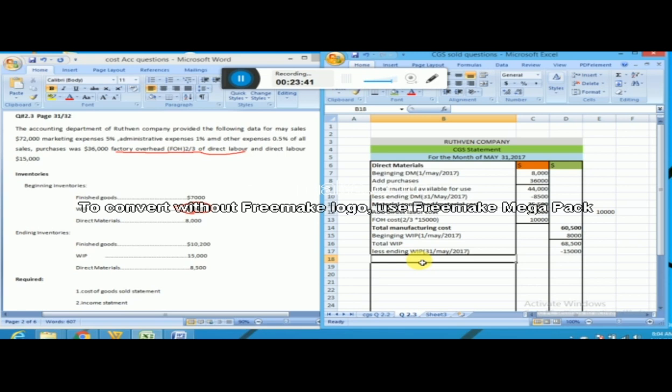And so how many goods did we produce in this month? So cost of goods manufactured, or this is also called cost of finished goods. How much is now the cost of the finished goods?